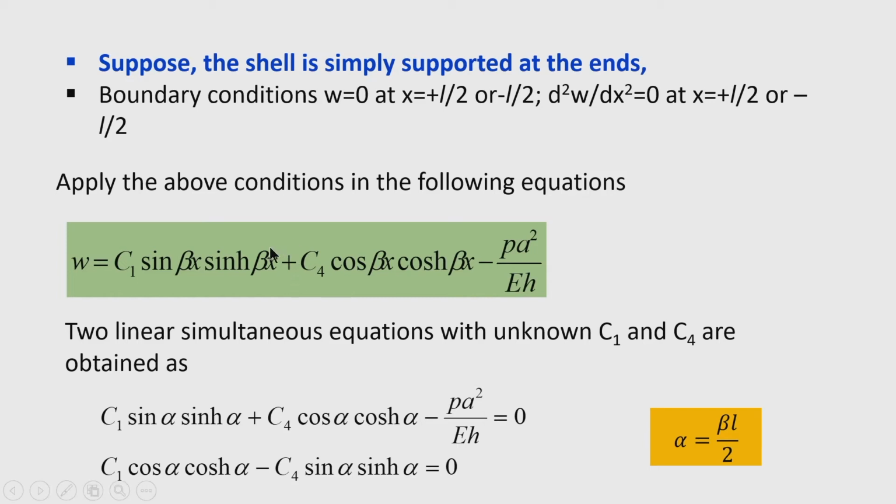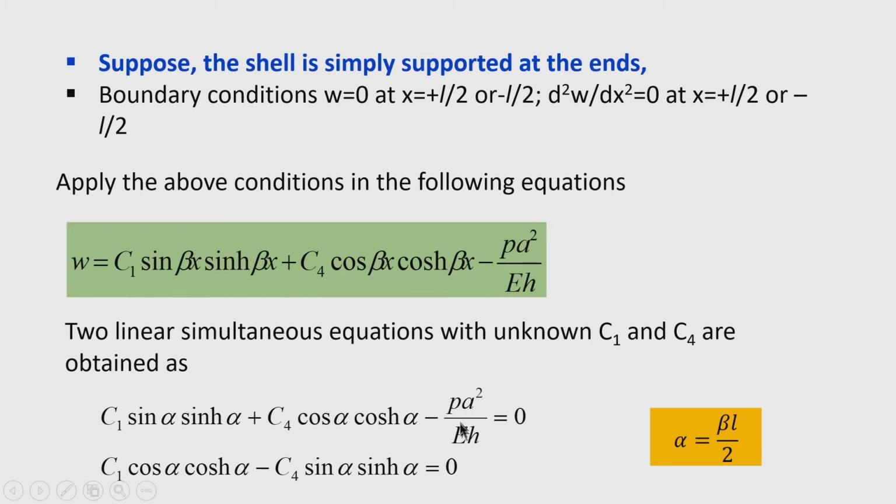So, considering this condition, we have to obtain the second derivative of this equation, and after substituting x is equal to L by 2, again we got C 1 cos alpha cos hyperbolic alpha minus C 4 sin alpha sin hyperbolic alpha equal to 0. Because of differentiation, this constant term will disappear. So, therefore, you are getting the term containing only C 1 and C 4.